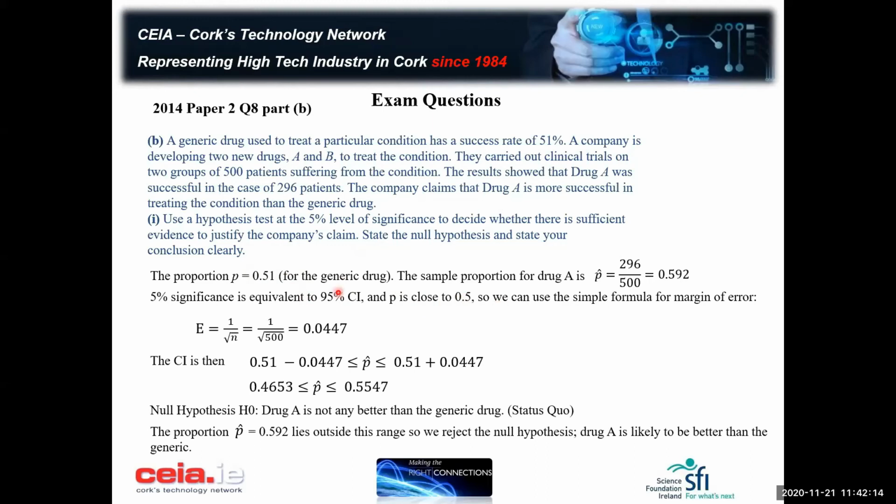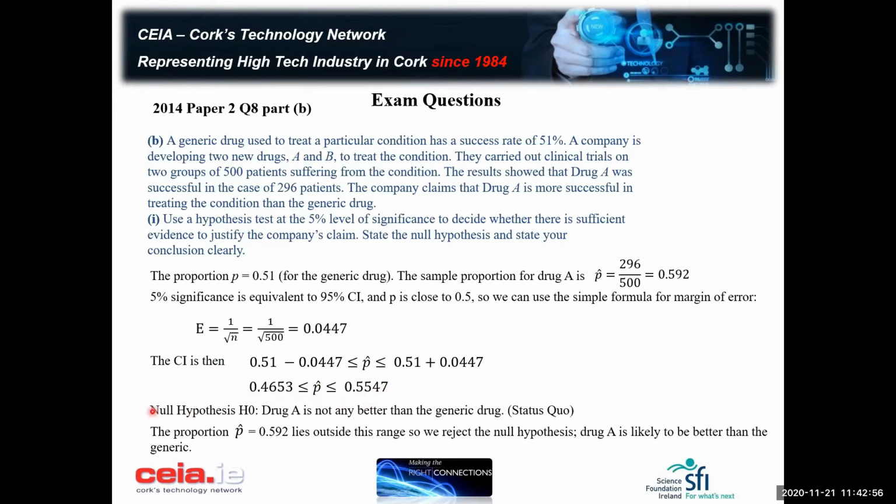So you're justified in using the approximate formula, the simple formula for the margin of error, which is just E equals 1 over root n. That's 1 over root 500, and when you work it out, it's 0.0447. So your confidence interval is P minus 1 over root n, or P minus E, up to P plus E. Working out those numbers, we find that your p hat should lie between 0.4653 and 0.5547.